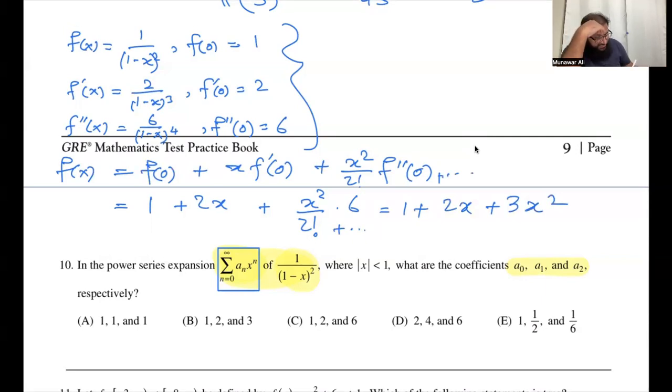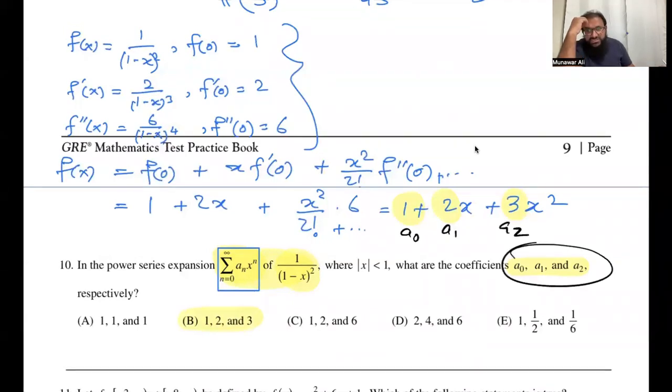So you can see my first coefficient is 1 and then 2 and then 3. 1 is the coefficient of x power 0, 2 is the coefficient of x power 1, and 3 is the coefficient of x power 2. And these are my values a0, a1, and a2. I need only these values, so 1, 2, and 3. So this is option B.